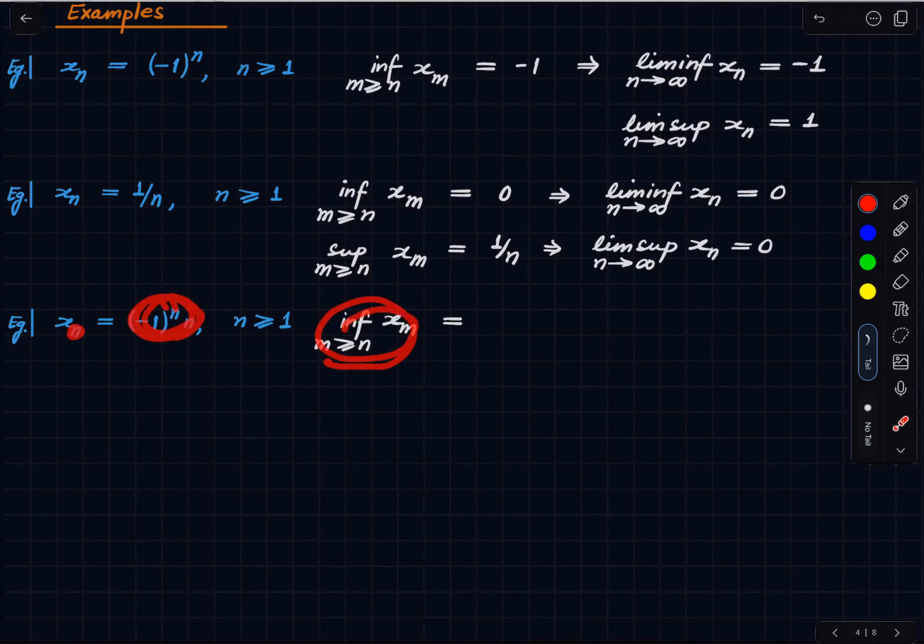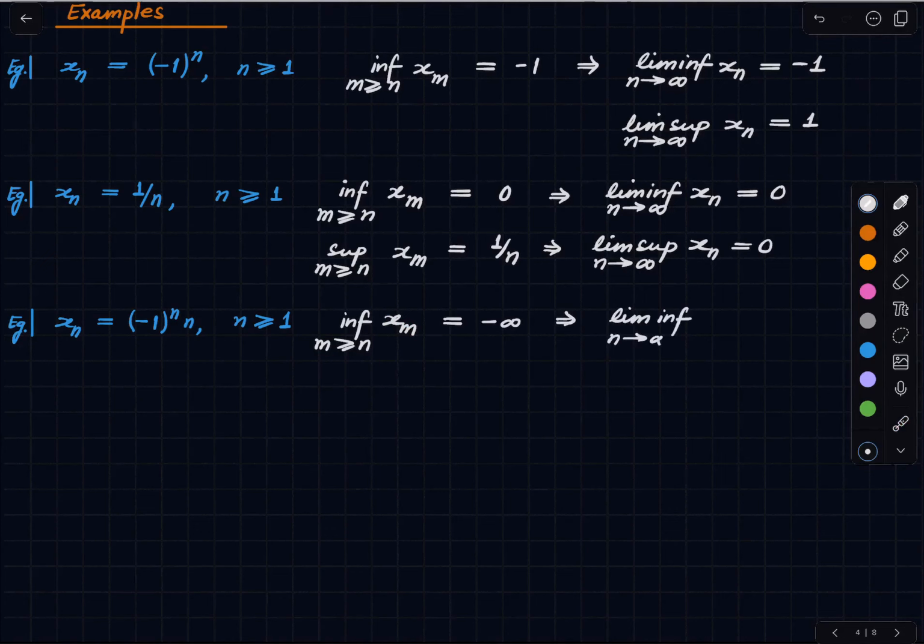So this number is actually -infinity, because you're getting smaller and smaller values as time grows. In any tail sequence, you have arbitrarily small values with arbitrarily large magnitudes, but with a negative sign. So this is actually -infinity, which implies the limit inferior is -infinity.